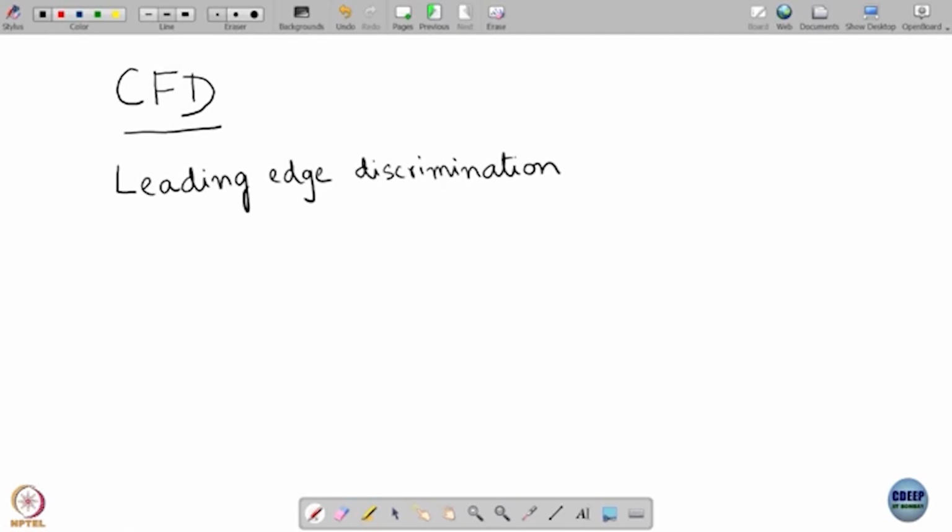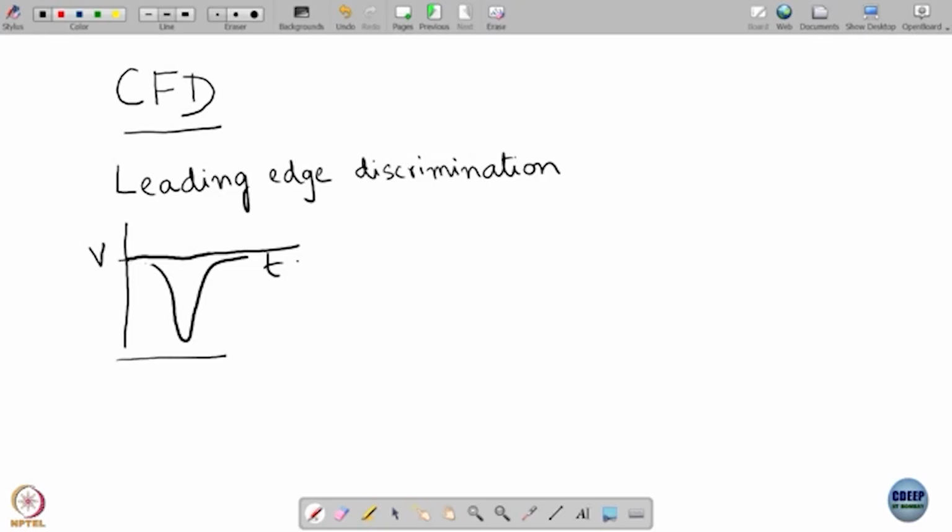See, the output of the detector is something like this, where this is time, x axis, and y axis is voltage.